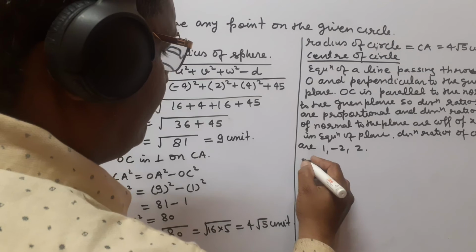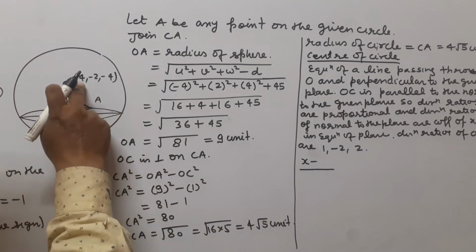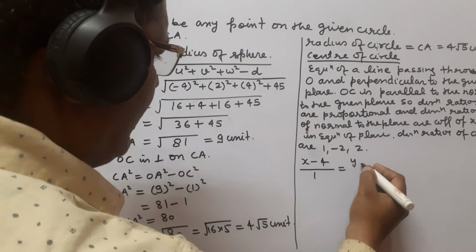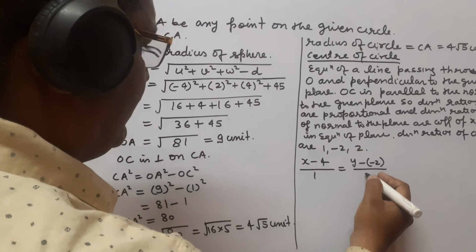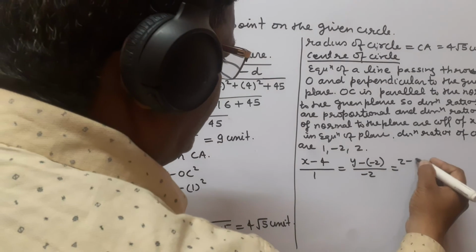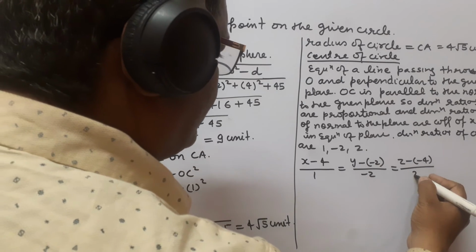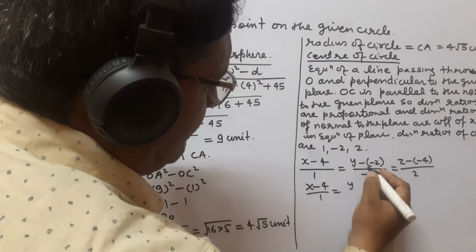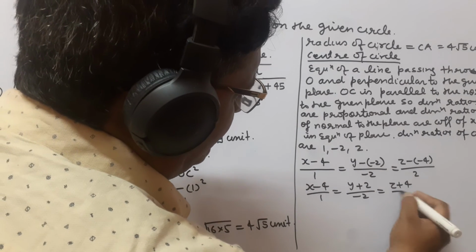Now we write here the equation of the line, that is x minus, it is passing through 4, minus 2, minus 4. So we write x minus 4 divided by 1, y plus 2 divided by minus 2, z plus 4 upon 2.